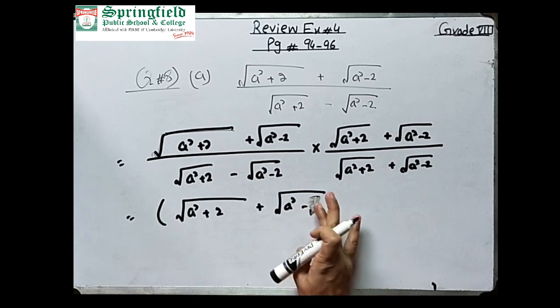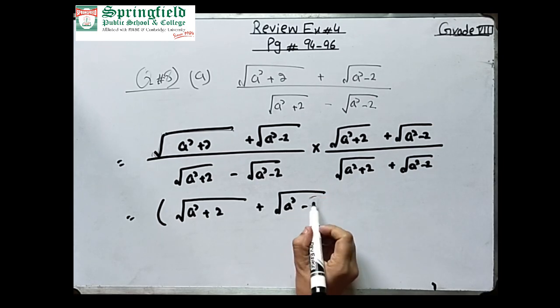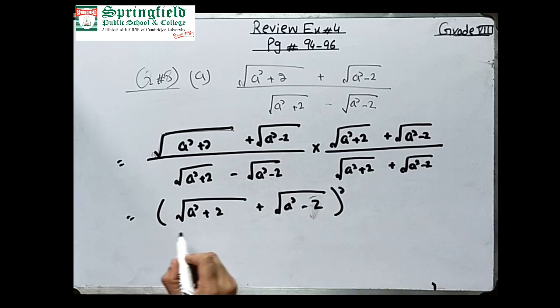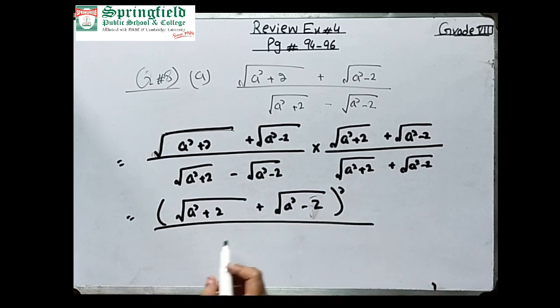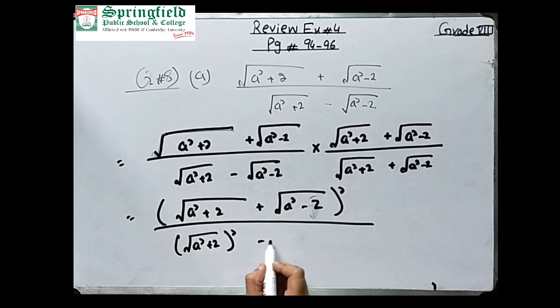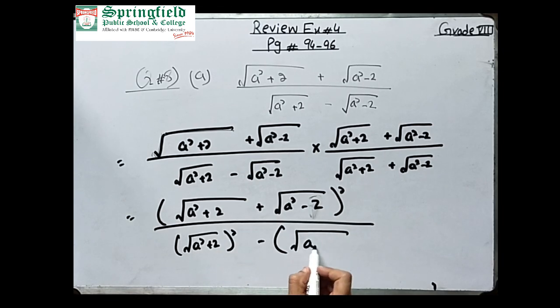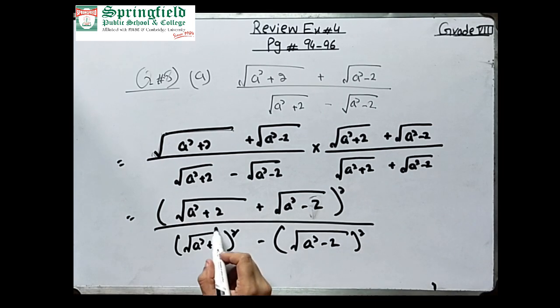Sorry, minus 2 whole square. And (a plus b)(a minus b) will become a square minus b square. Fine. The square can be cancelled with the square root.